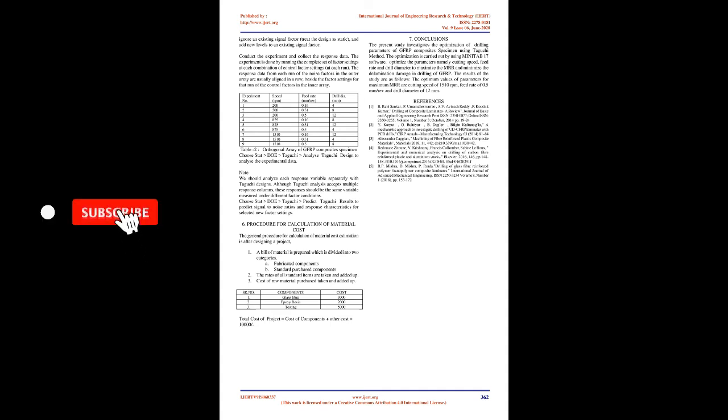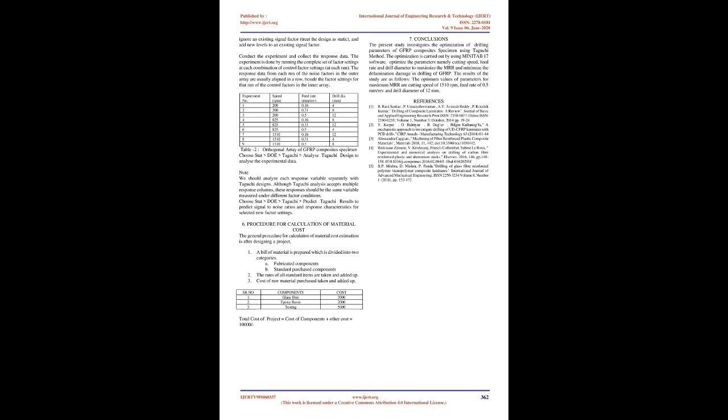Conduct the experiment and collect the response data. The experiment is done by running the complete set of noise factor settings at each combination of control factor settings, at each run. The response data from each run of the noise factors in the outer array are usually aligned in a row, beside the factor settings for that run of the control factors in the inner array.